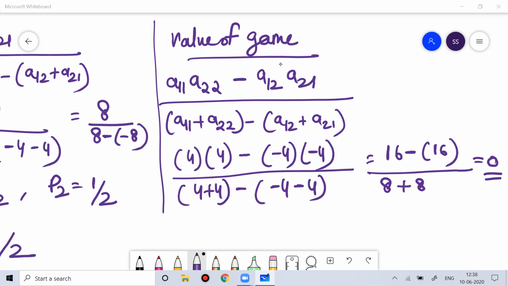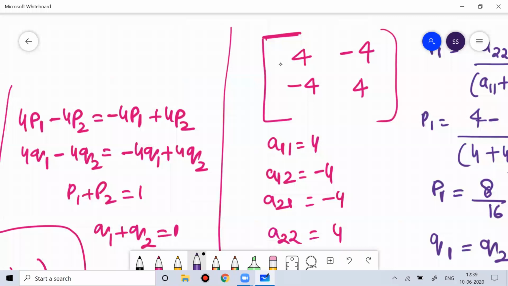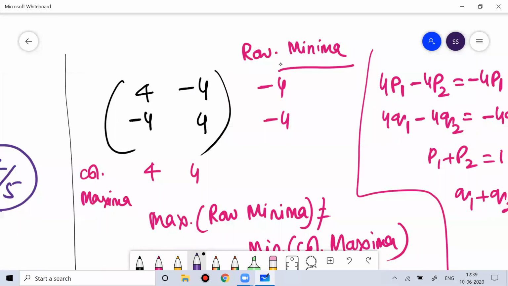So very simple, you don't have to do much hard work to solve this problem. Clear, everyone? Anyone have any doubts? Whenever you have mixed strategy, when the maxima of row minima is not equal to the minima of column maxima, that means the saddle point you are not getting, and it is not a problem of pure strategy.